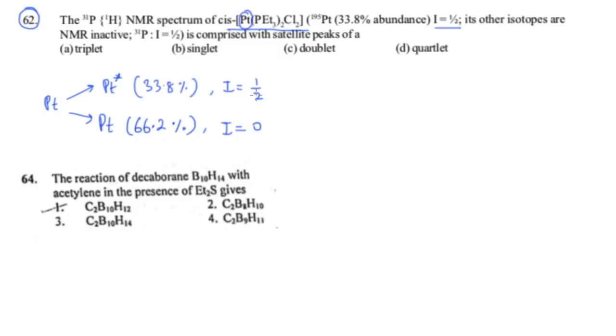Now, what will be the splitting for the platinum isotope which is NMR active? To do that, we'll use the formula 2nI plus 1.